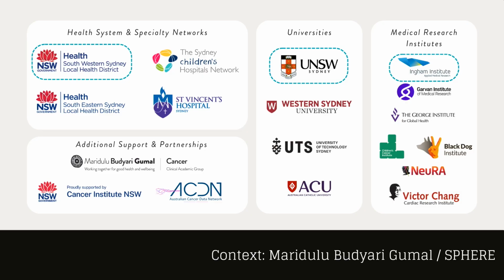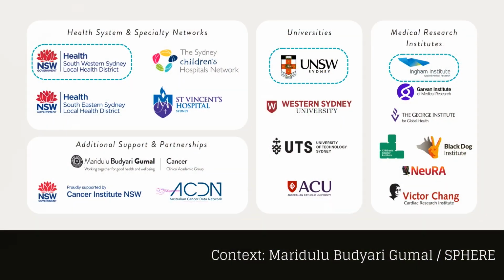The most helpful thing to know about the translational centres and how they work is that they've been set up to deliver research that is embedded into healthcare to improve health outcomes and equity. It means that typically researchers have appointments at multiple institutions, which facilitates a flow of data, resources and expertise across the system. So the work that we're sharing today represents the efforts of a team that straddles Southwestern Sydney Local Health District, the University of New South Wales and the Ingham Institute for Applied Medical Research.